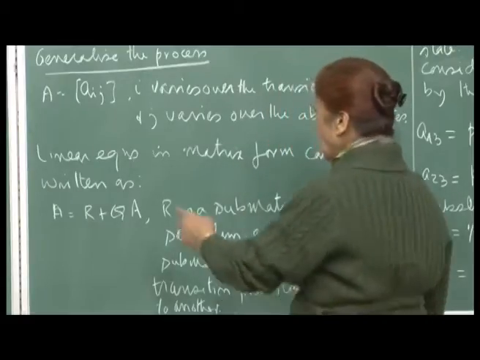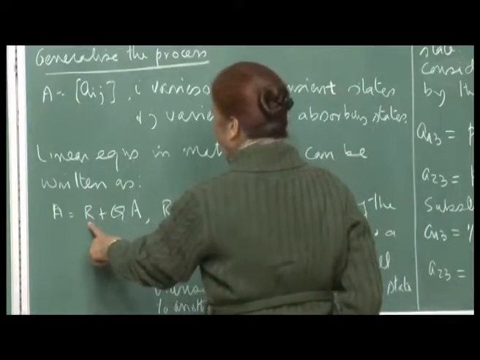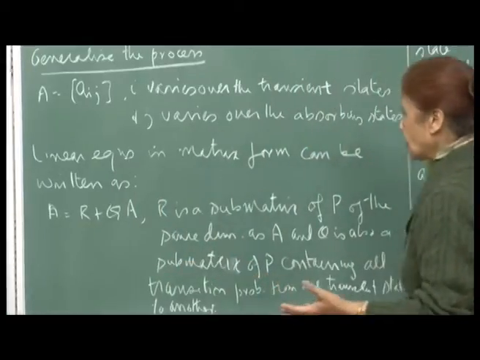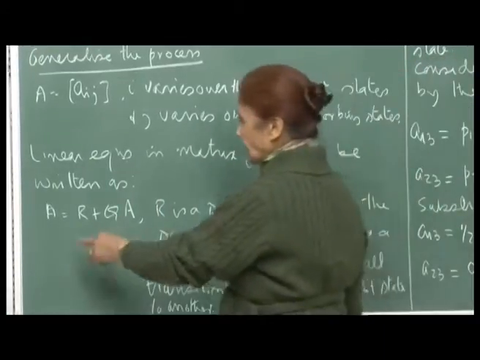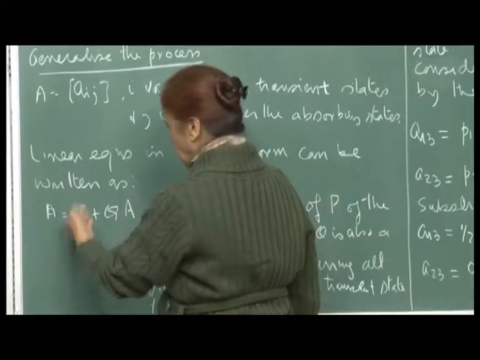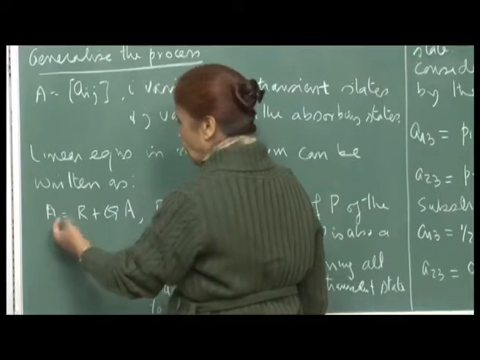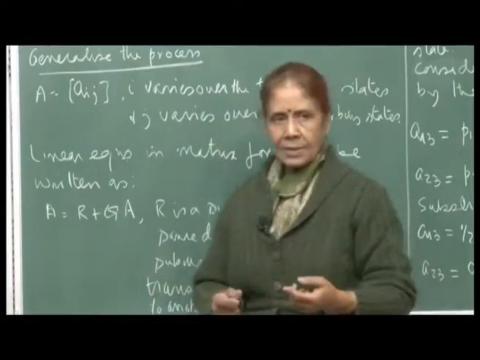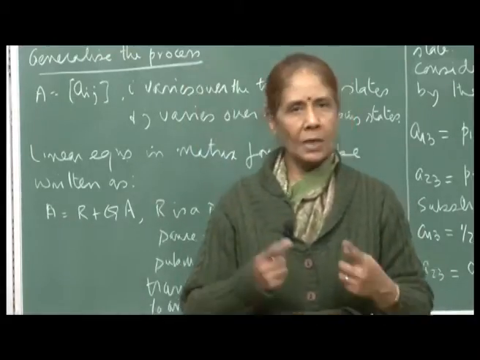So, Pij's. So, therefore, R is a sub matrix of your transition matrix P, which has the same dimension as A, and the rows of course correspond to the transient states and the columns correspond to J, because you are transitioning from transient state to absorbing state in one step.